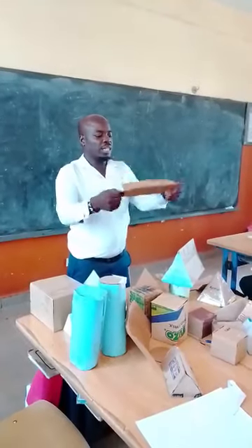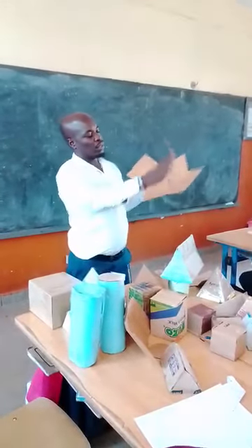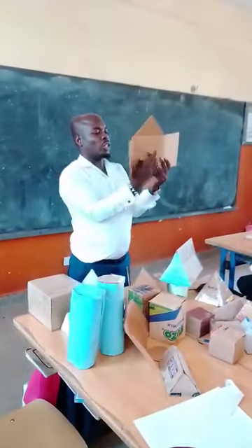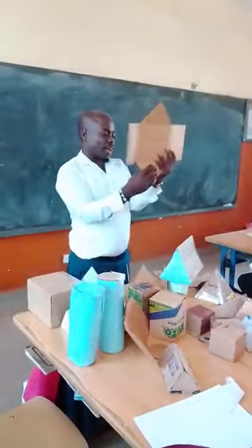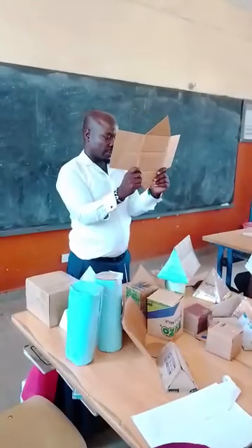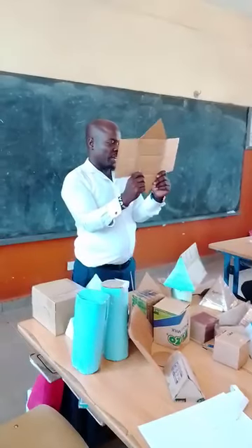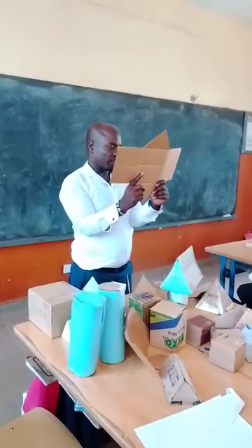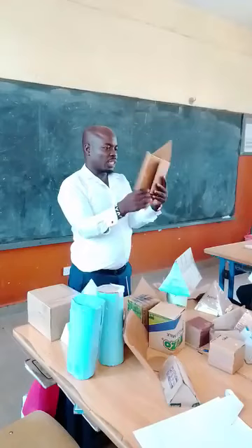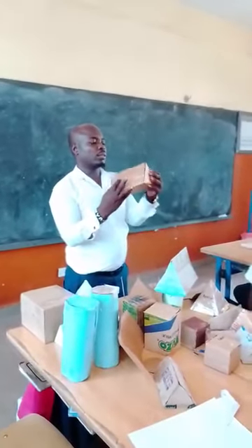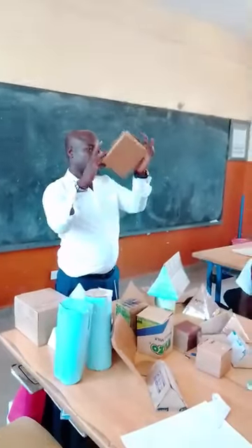So when we have the net, we have this face, this face, and this face. 1, 2, 3, 4, 5. How many faces? 5 faces. When it's closed? 5 faces.